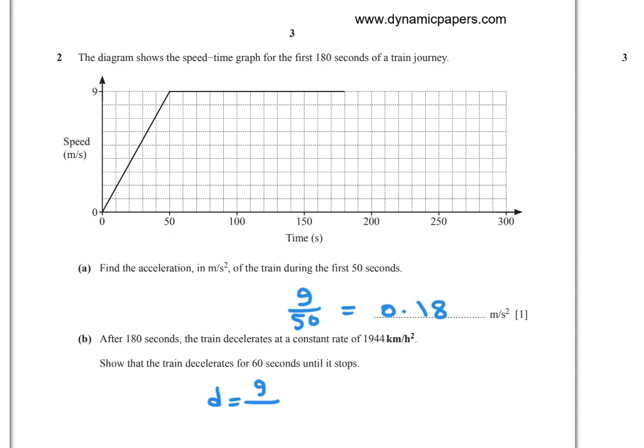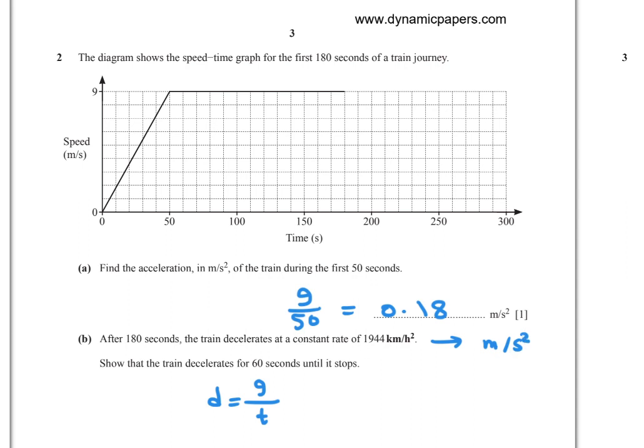So 9 over the run, or the time in seconds. Now we have the deceleration, which is 1944, but in a different unit, kilometers per hour squared. So we need to convert the deceleration to meters per second squared, because we have the time in seconds and the speed in meters per second.